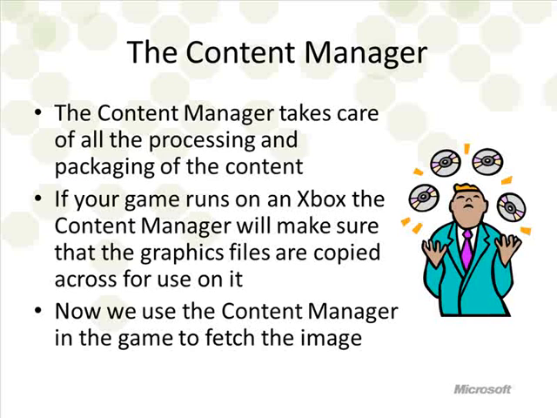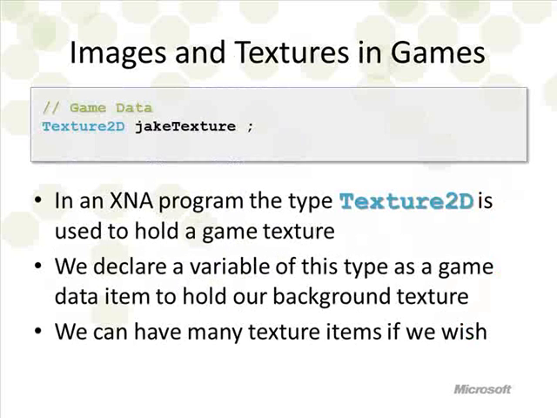And so it has one for JPEG, it has one for PNG. It grabs these files, it does whatever it needs to do to get them into the game, and it makes them available for use within the game as well. So as far as we're concerned, it's a no-brainer. We don't have to think. We just ask the content manager, hey, go off and fetch that picture from a resource called Jake, please, and the content manager will do just that.